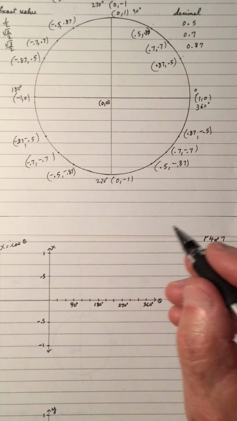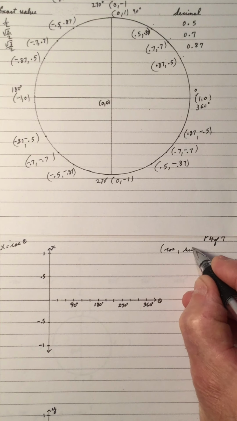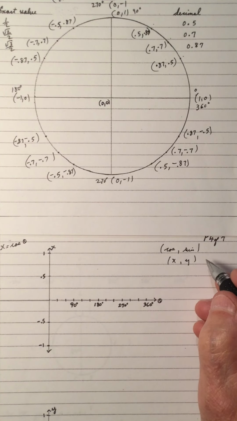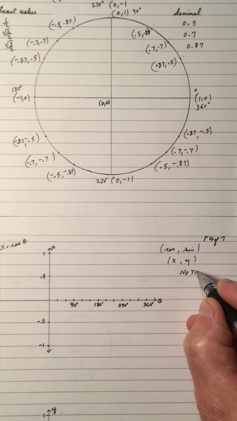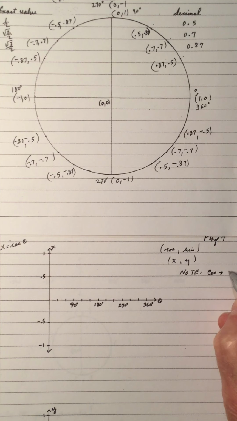So also remember that cos and sine are the x and the y. So when you think about it, the cos is related to the x value on the graphs.